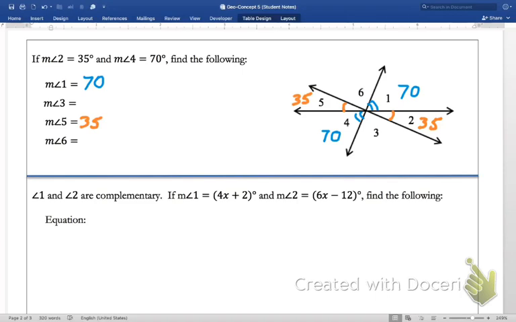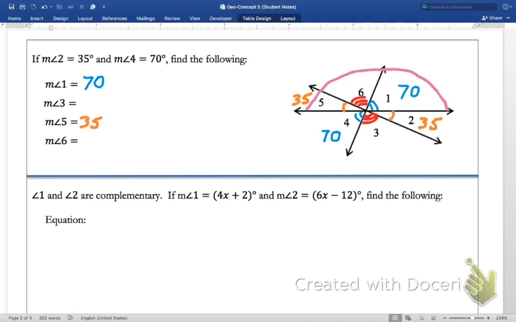But what we do know is they are congruent. And what we also know is that those 2 angles are a part of supplementary angles in many different ways. Angle 5, 6, and 1 should all add up to 180. So should 6, 1, and 2, and 2, 3, and 4, and so on.